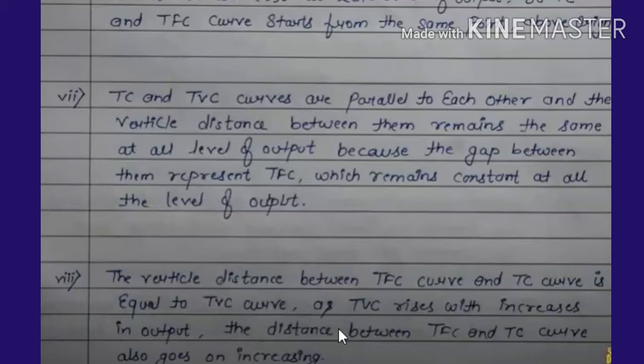So that is the relation: the vertical distance between the TFC curve and the TC curve is equal to TVC. As I told you, as TVC rises with increasing output, the distance between TFC and TC always keeps increasing.